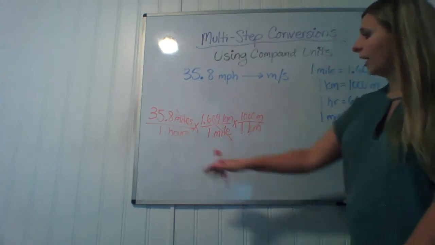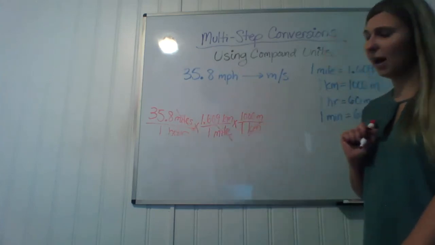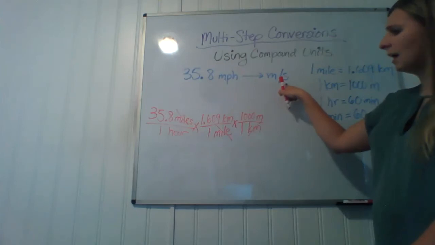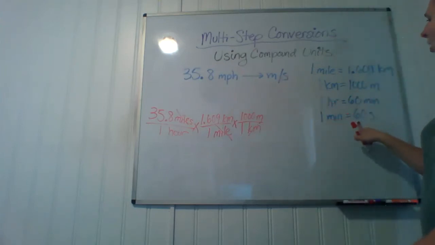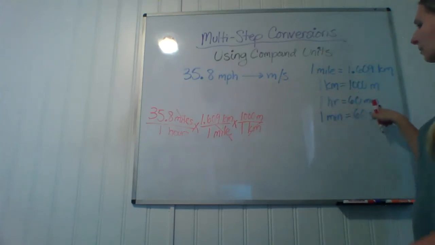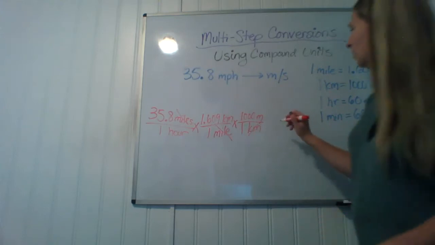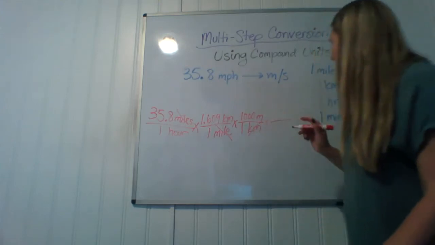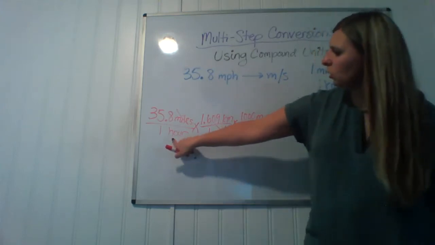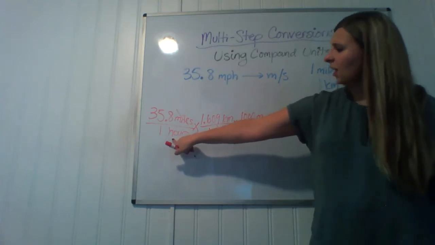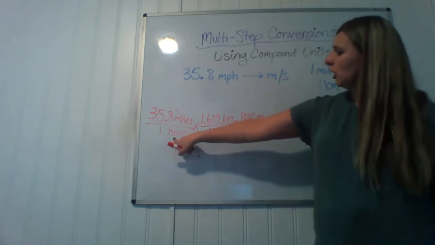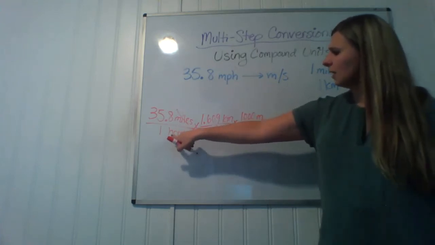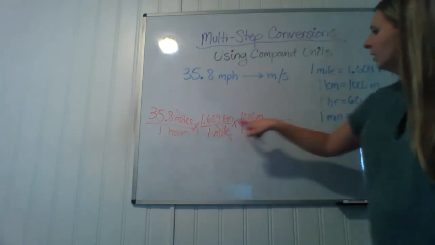So we still need to cancel out these hours on the bottom to change them to seconds. So what relationships do we have here? We know that 1 hour is equal to 60 minutes. Okay, so let's start with that. Now, if we have hours on the bottom here, and we want to change the units, we need to change the units by canceling hours on the top.